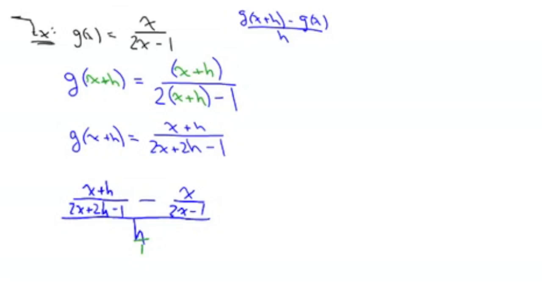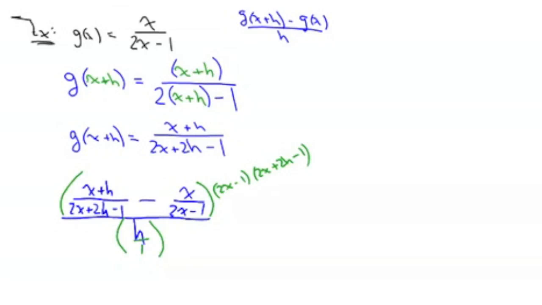So this works for complex fractions. Whatever you do to the top, you do to the bottom. What I'm going to do is multiply by 2x minus 1 and 2x plus 2h minus 1. What that'll do is get rid of all the complexity of the fraction.